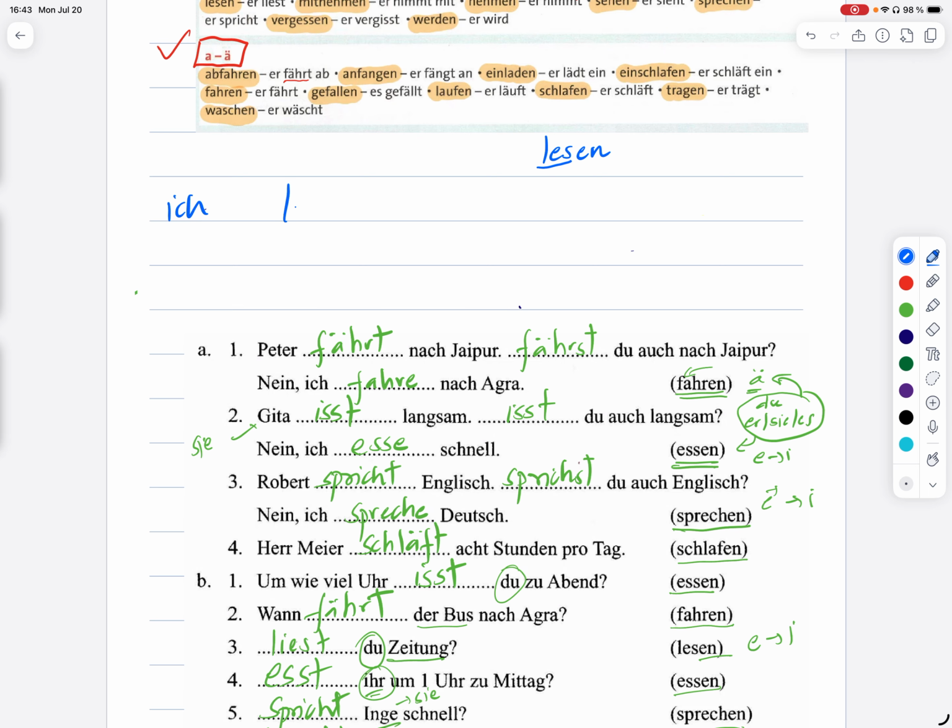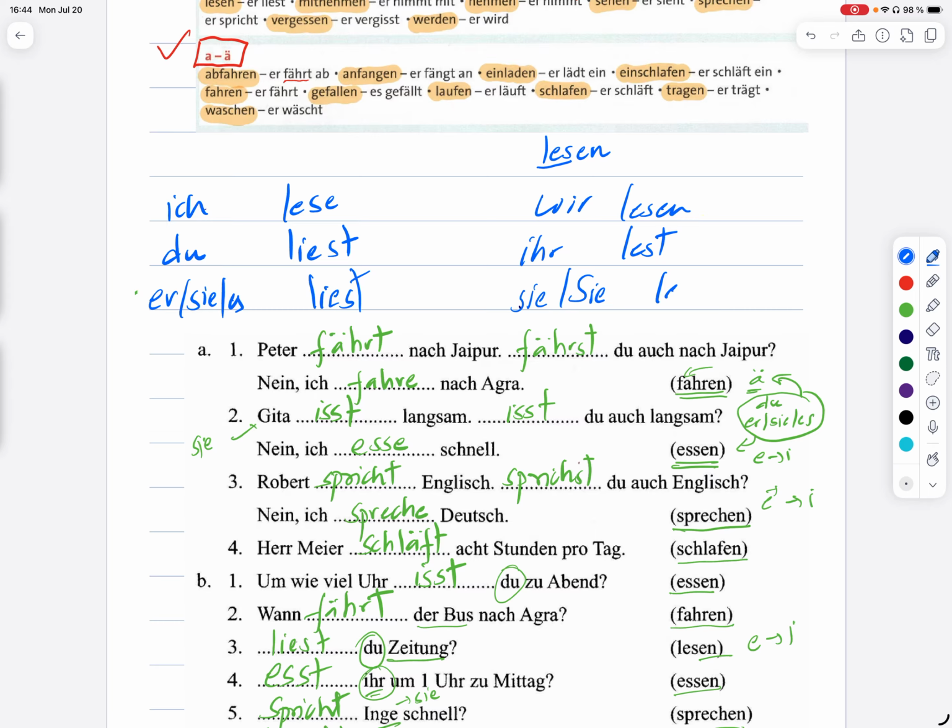So ich lese, du liest, it's an irregular verb, and then er, sie, es liest, and then wir lesen, and after that we have ihr lest, and at the end sie lesen, right?